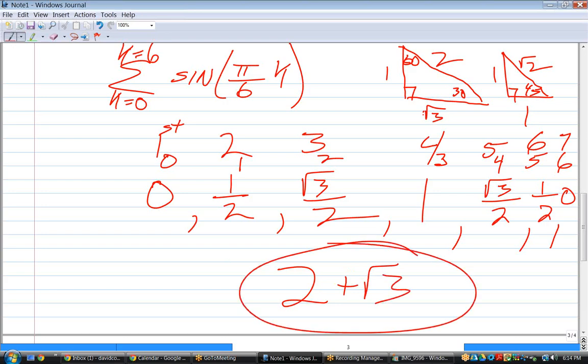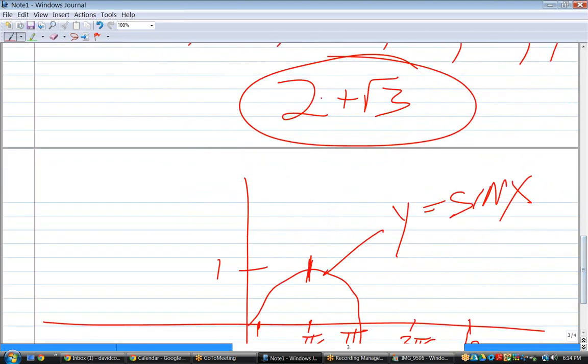So that's the answer for the total. When you take sigma, you're always adding every term. Right. Okay? And I don't know if that's the answer they want, or they want you to convert it to a decimal. This is actually the preferred answer, 2 plus root 3.